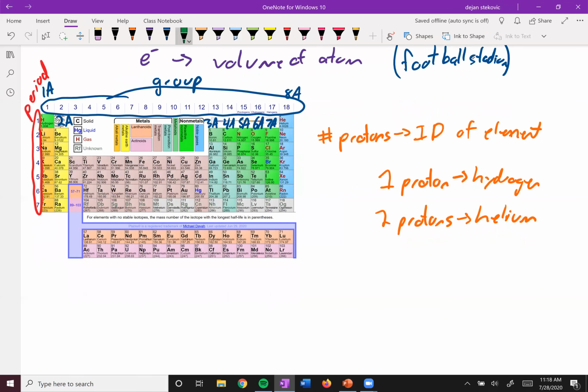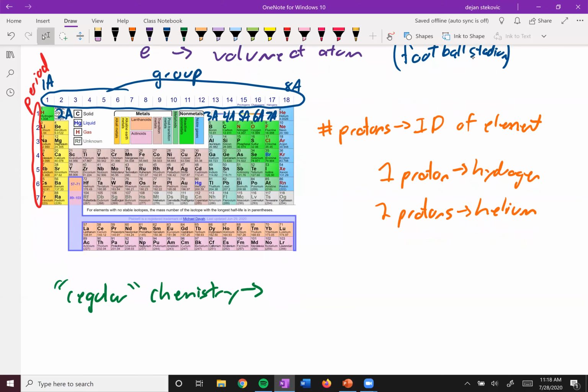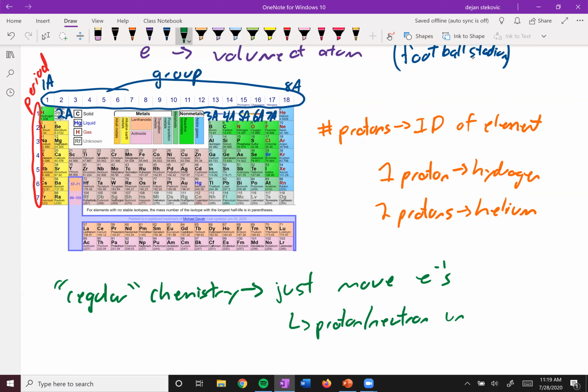And when we're talking about just regular old chemistry, and by regular, I mean non-nuclear chemistry, so not nuclear chemistry, all we're doing is just moving electrons. And so that means that the proton and the neutron, the nucleus, is unaffected.